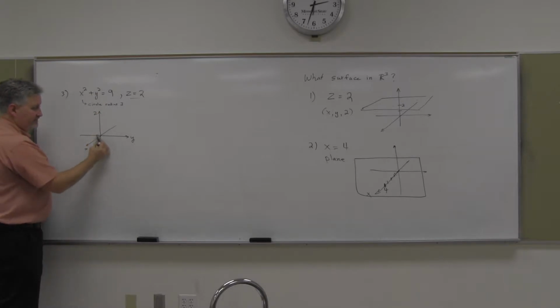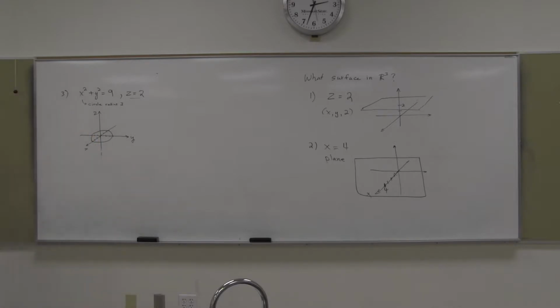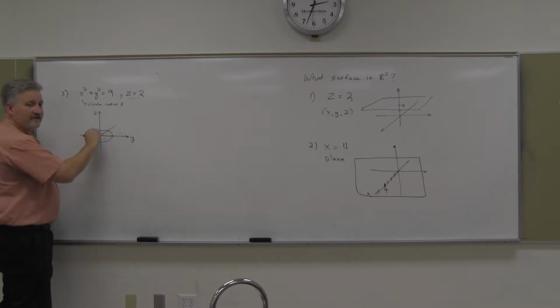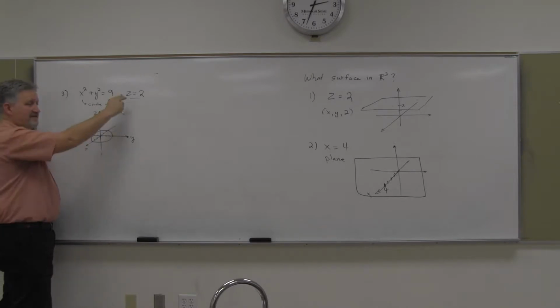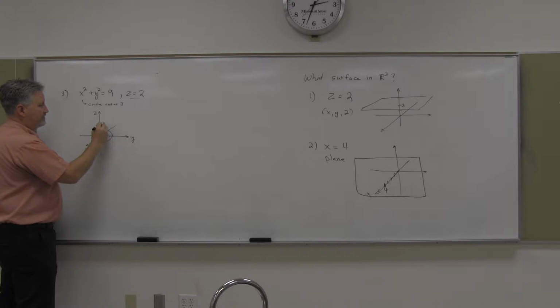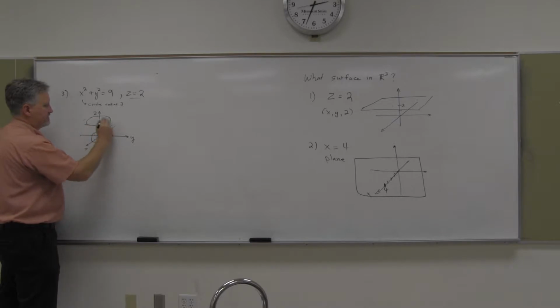Instead of being here in the xy plane, which is 3 units all around. It's not going to look like it, but it'll be kind of elongated. Those are things you have to work out on your own. That would be if it was z equals 0. This says z equals 2, and so we're going to go up 2 units and put a circle there of radius 3, center 0, 0.